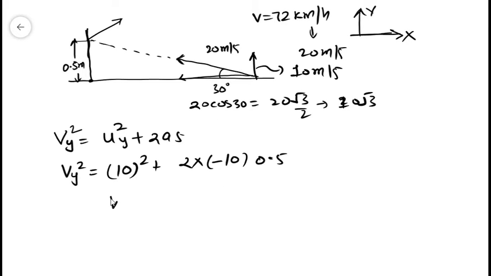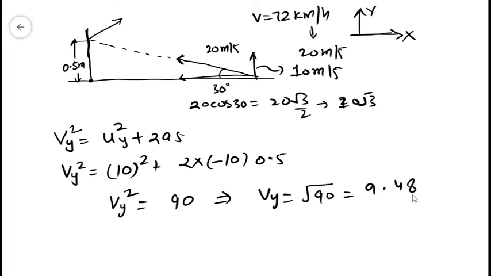So after solving we will get vy square to be 100 minus 10, that is 90. So vy turns out to be square root of 90, that is 9.48 meter per second.